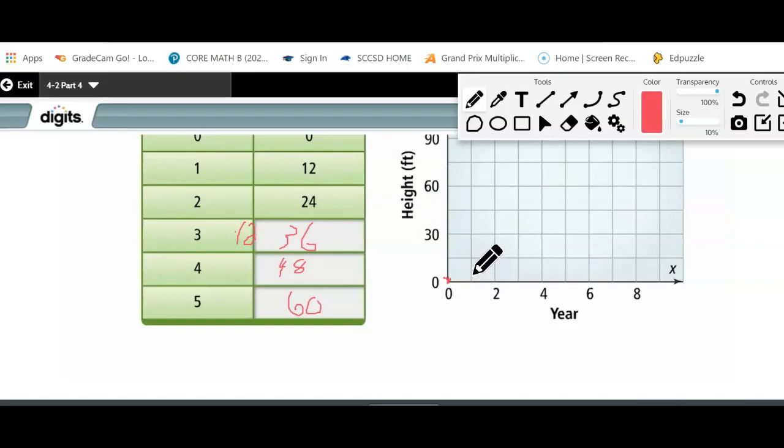So year 1, 12 is going to be really close to that line right there. 2 is 24, so we should be somewhere right here. 3 is 36, so here. 4 is 48, so again, somewhere right here. Then 5 is 60. Your graph should look something like this. Your dots are going up as we go to the right.